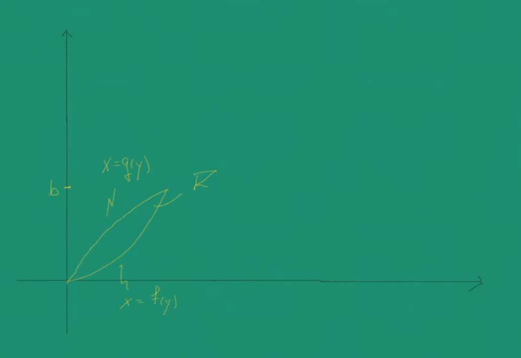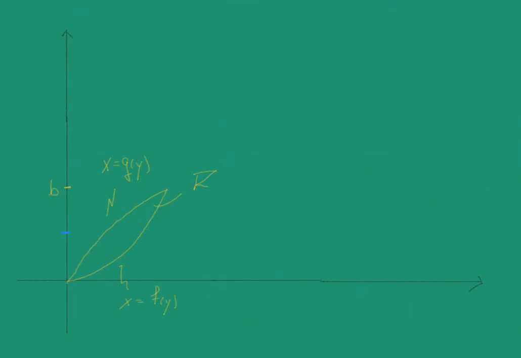Well, in this case, for each y corresponding to a point in R, we're going to consider the corresponding horizontal line segment in R. So let's draw that.